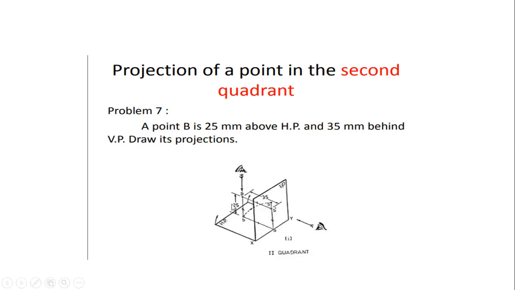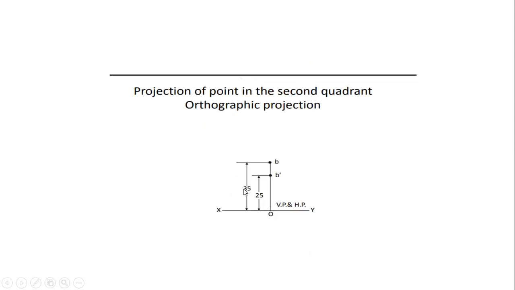Now rotate the horizontal plane 90 degrees clockwise. So B will be projected here above B dash at a distance of 10 mm. The total distance is 35, so by taking the difference 35 minus 25, we get an interval of 10 mm. So mark B. Okay, so join O, B dash and B by drawing a single projection line.